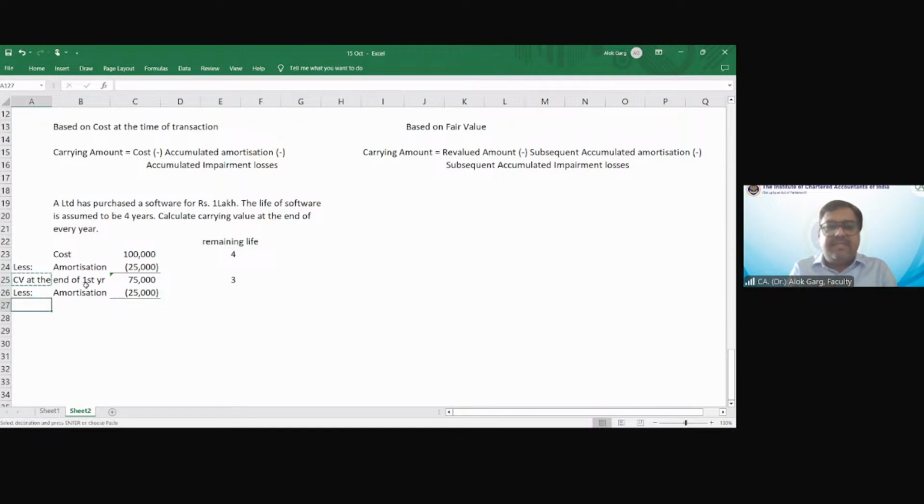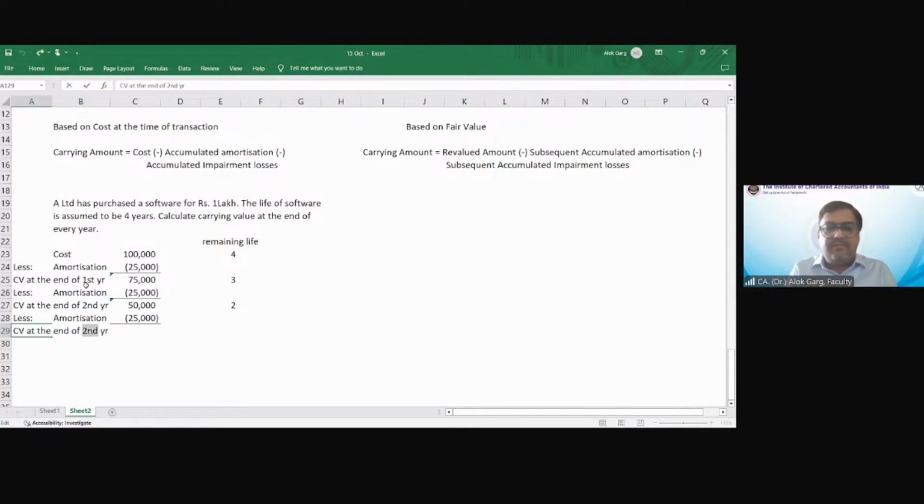The carrying value at the end of the second year is 50,000. Remaining life is 2 years. Less amortization. Carrying value at the end of third year is 25,000.